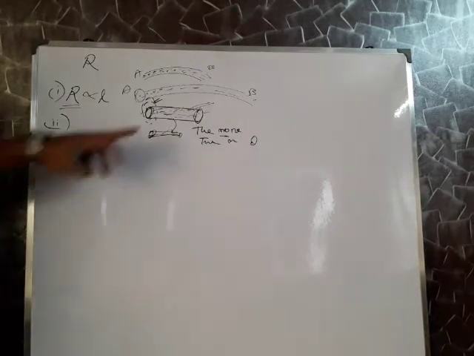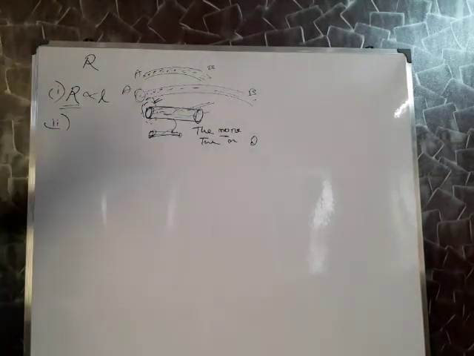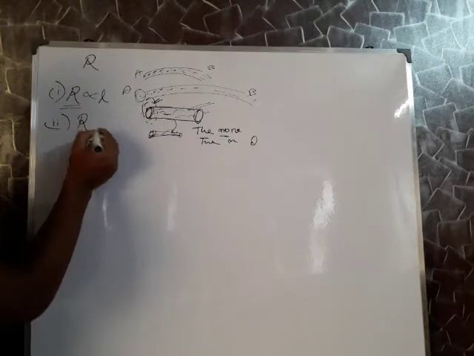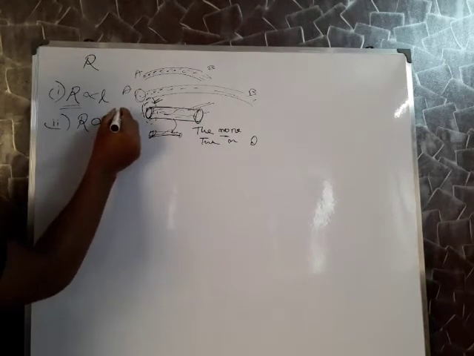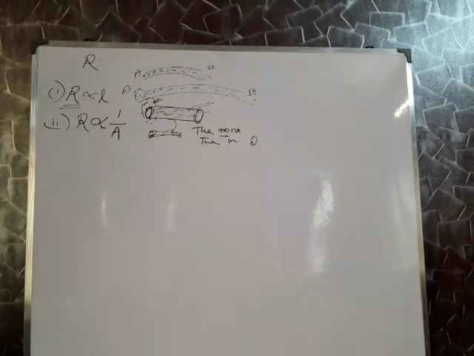Because if you increase the cross section area, the rate of current, the number of electric charges, will increase. When the rate of current increases, automatically the resistance will decrease. So simply, the resistance is inversely proportional to the cross section area.